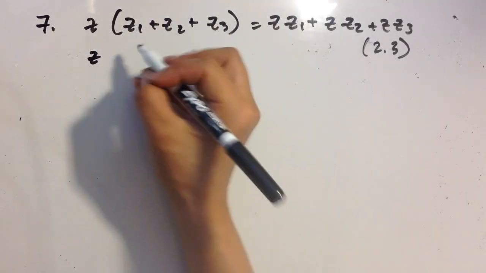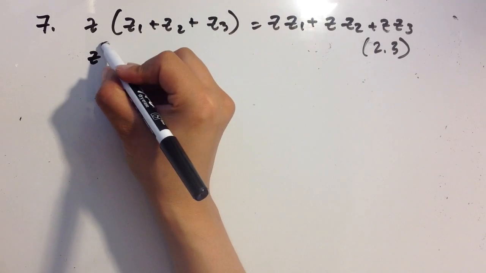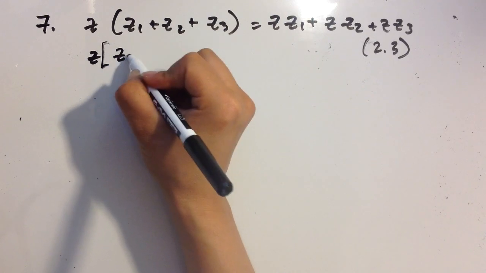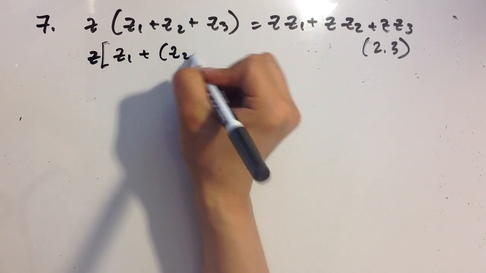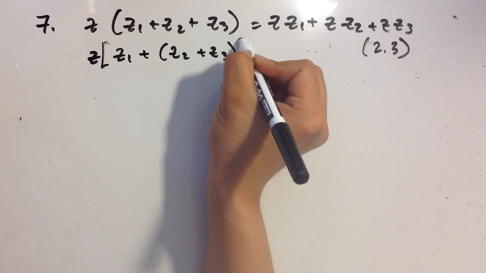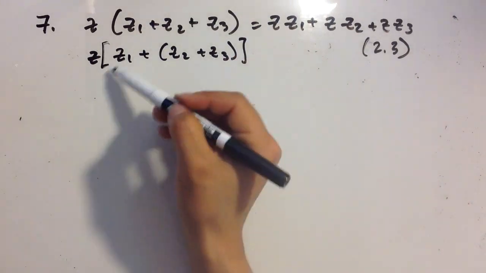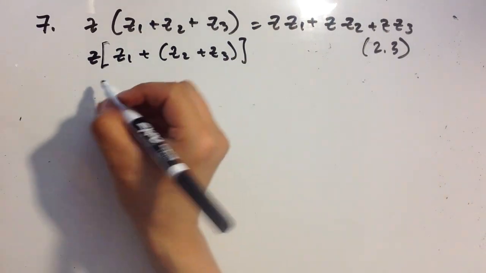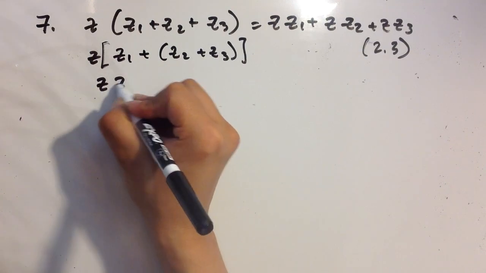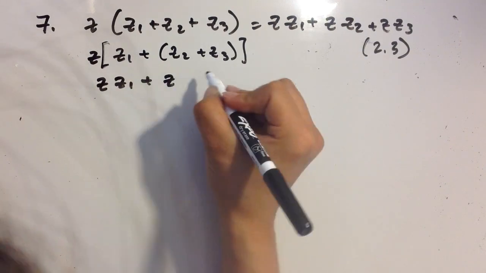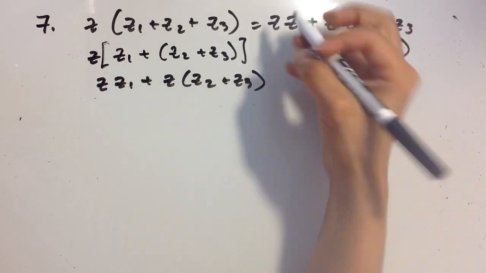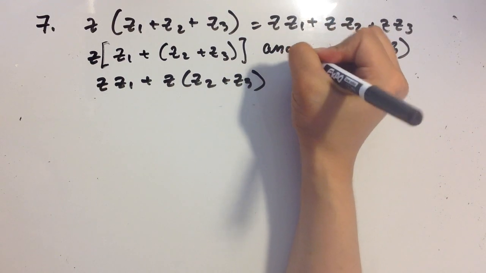We know that complex numbers are associative, so we can rewrite it as z times (z1 plus z2 plus z3). And now we just have 2 terms, so we can apply the distributive law. So we have z times z1 plus z times (z2 plus z3), using associativity.